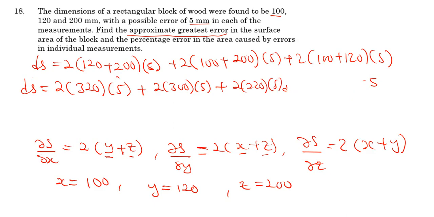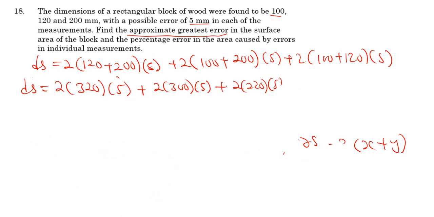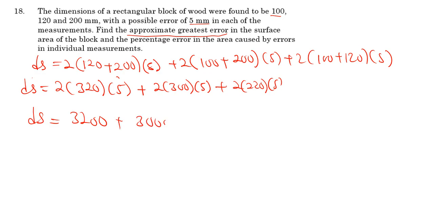So ds is going to be, now I multiply all this, you see in just multiplication here, you get 300 and like that, then plus you get 3000 for the next one, then plus you get 2200 for the next one.